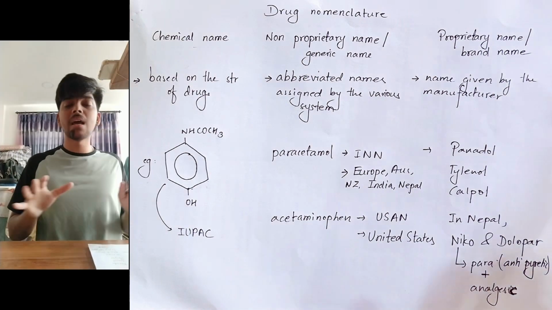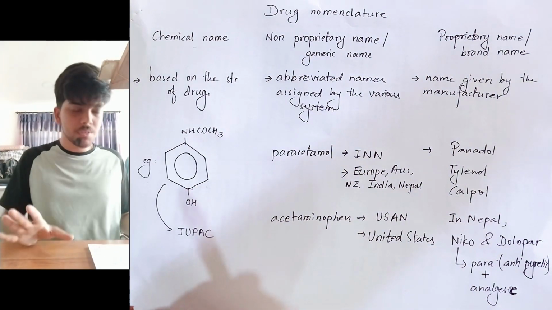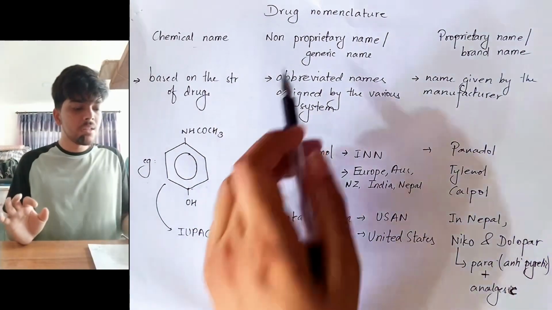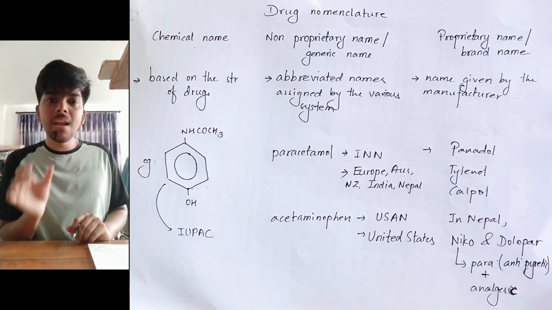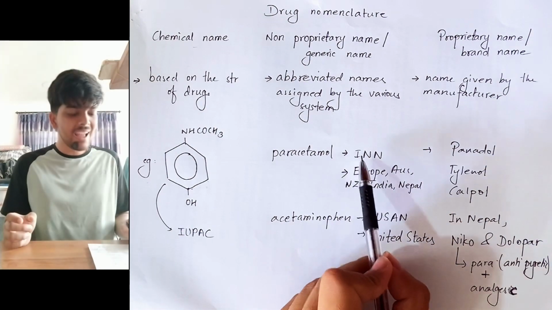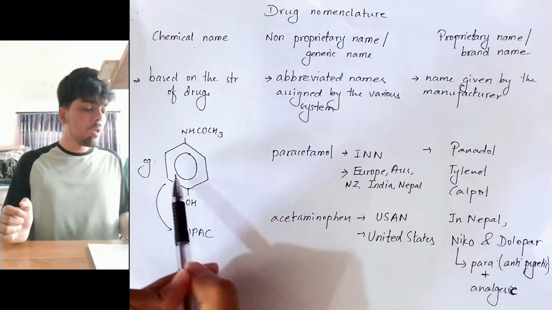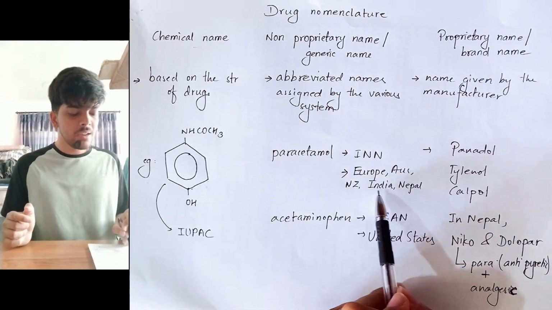So these are the various types of drug nomenclature. There's the chemical name, which is based on structure. The IUPAC name of this structure would give the chemical name of the drug. There's the non-proprietary name or generic name, which is the abbreviated name given by various systems of the world. For example, the INN system gives the name paracetamol to this chemical, which is widely used in Europe, Australia, New Zealand, India, and Nepal.